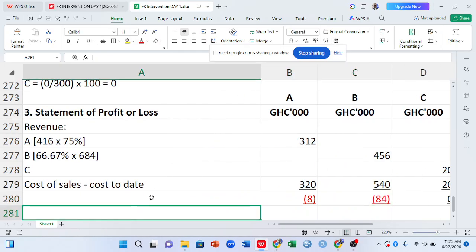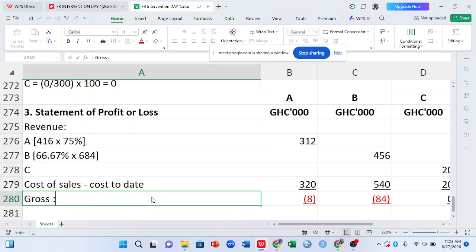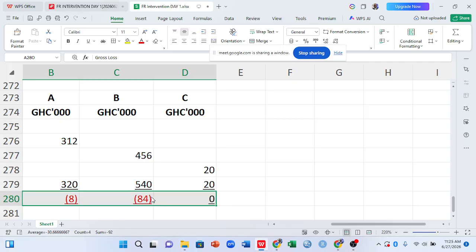So this becomes gross profit or loss. This one we are getting a loss, so gross loss, and then nil profit.